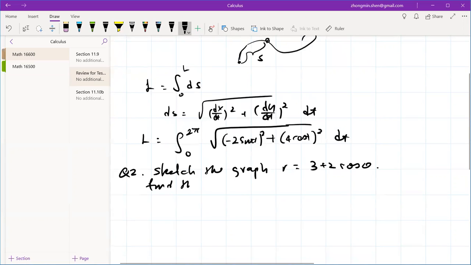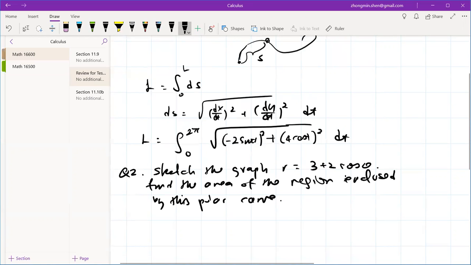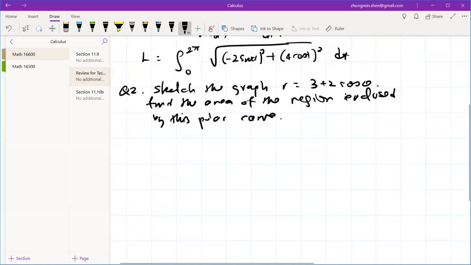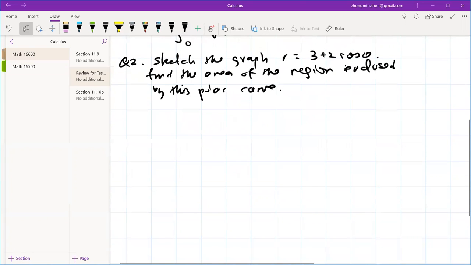Then find the area of the region enclosed by this polar curve.